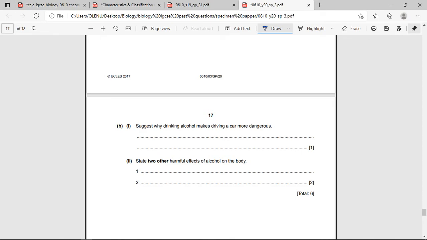Now, state why drinking alcohol makes driving a car dangerous. One, it reduces self-control. It's a depressant.